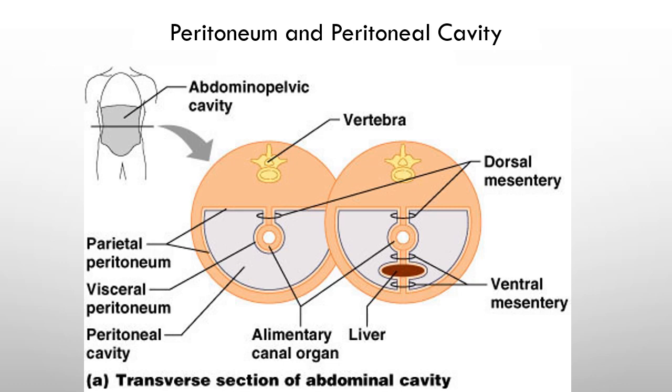In that process, some of our organs are going to end up being peritoneal, being inside the peritoneal cavity. And some of them are going to end up being in the retroperitoneal space, lying essentially behind it.